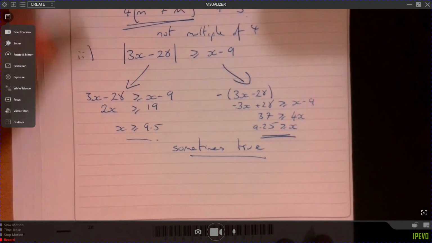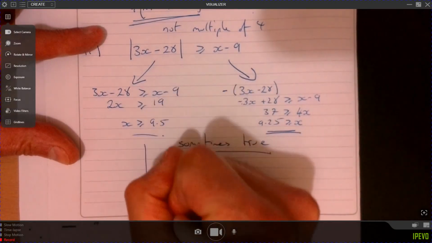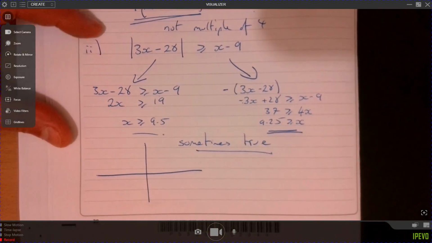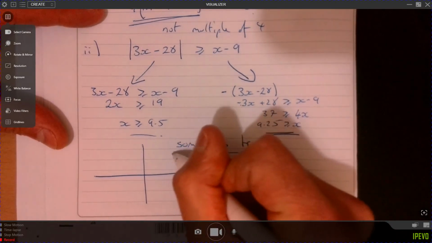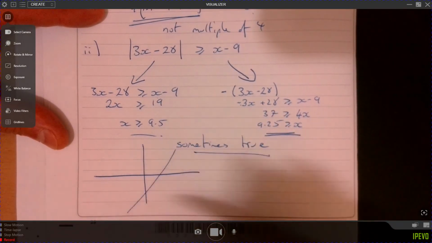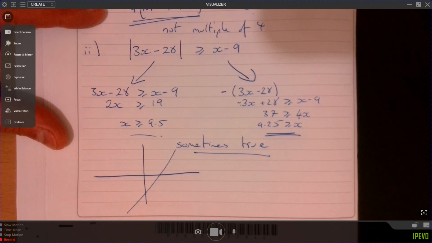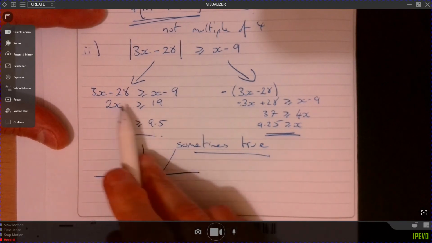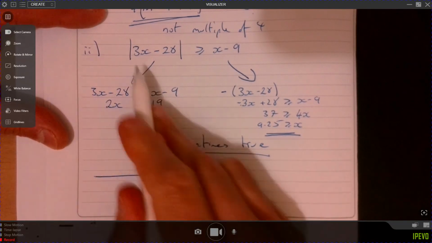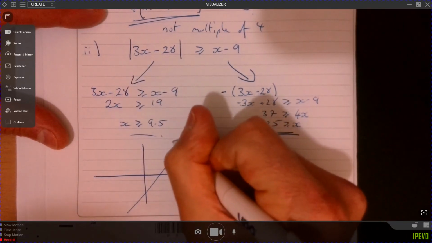Another possible approach is just to draw a graph of what goes on. It's probably a little bit easier to see what's going on. If you were to draw x minus 9, just there. Now if you were to draw, for example, this 3x minus 28, but the modulus of it, it will go something like this.